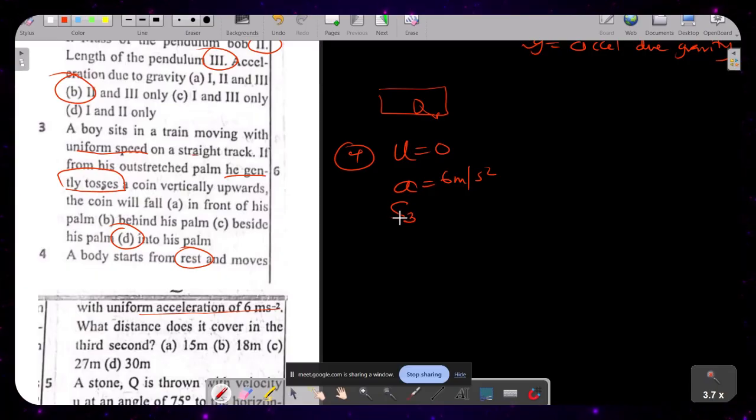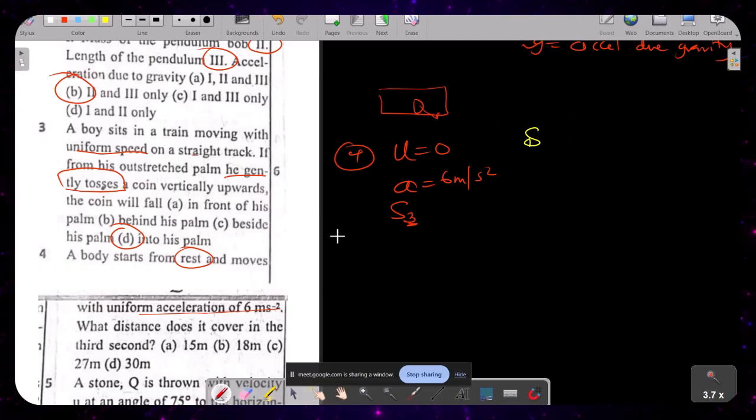So for you to get the distance covered in a particular second, whether they said 4th second, 9th second, 5th second, and so on, the way it is solved is this. If you are getting S, just simply total distance, it's not specific.